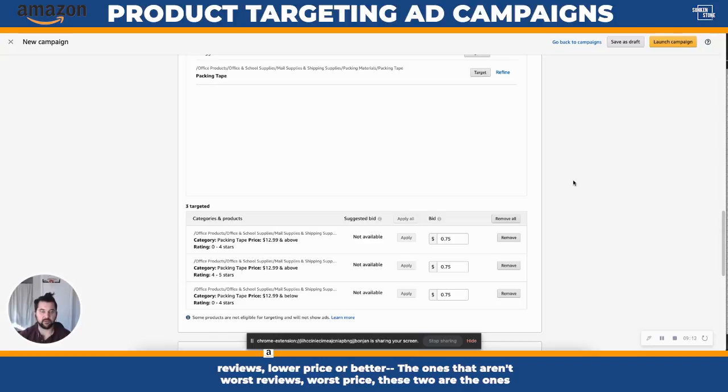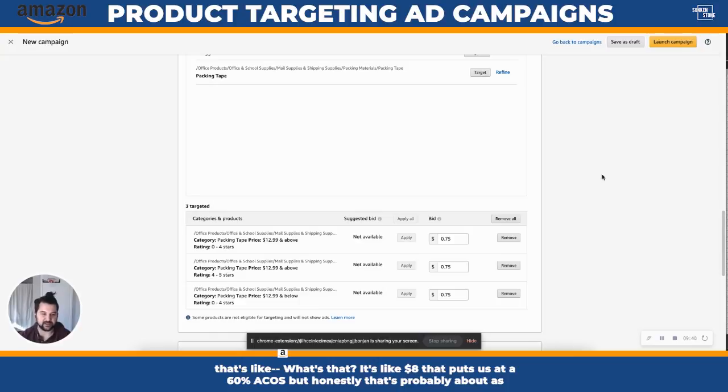The ones that aren't worse reviews, worse price, these 2 other ones that I selected. You could do a calculation around that, but I'm going to say 0.75 is probably pretty good because our CPCs are going to be around 40 cents. And at a 5% conversion rate, that's 40 times 20, what's that? It's like $8.